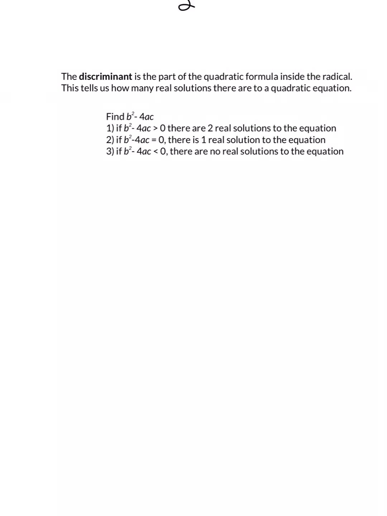On example 7, we are going to find the value of the discriminant, and then from that, the number of solutions to our equation. On A, when we are finding the value of this discriminant, our b is negative 7.